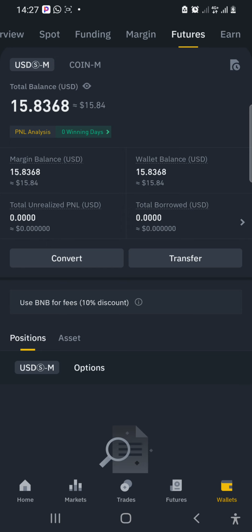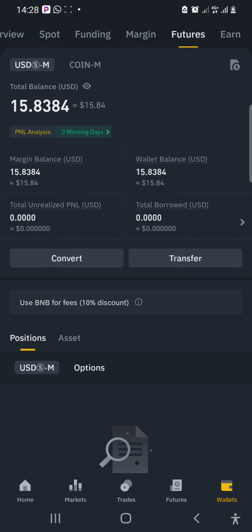We have two types of futures contract: the USDM and CoinM. USDM means that after your trade, your profit will be given to you in USDT. For CoinM, it means your profit will be given to you in the coin you used to trade against USDT.